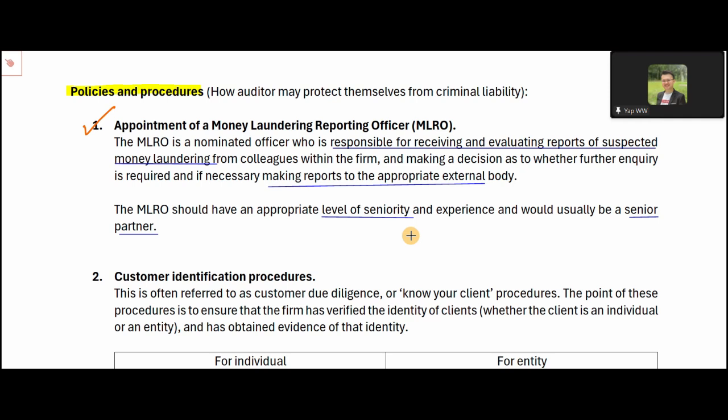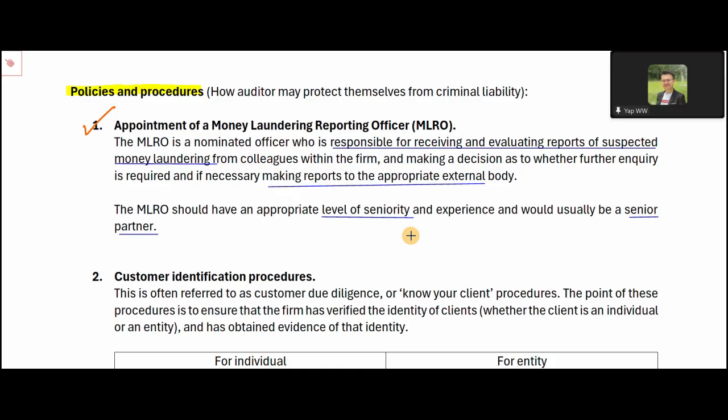Money laundering, "ought to know", is considered an offense. You don't have to prove that you knew about it, but you ought to know that this is money laundering, otherwise you are committing an offense.